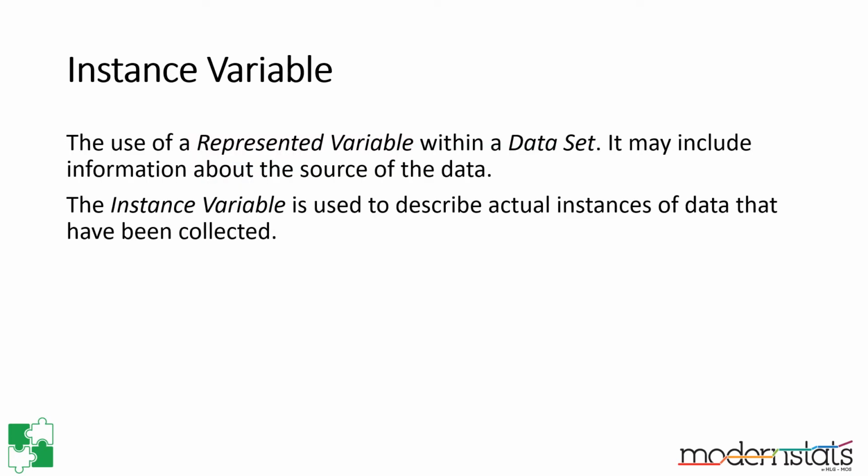This is information from GSIM. An instance variable is the use of a represented variable within a data set. It may include the information about the source of data, meaning where the data came from. And the instance variable is used to describe actual instances of data that have been collected.